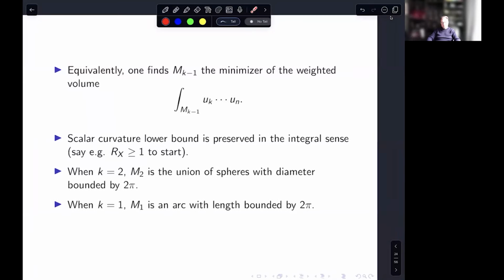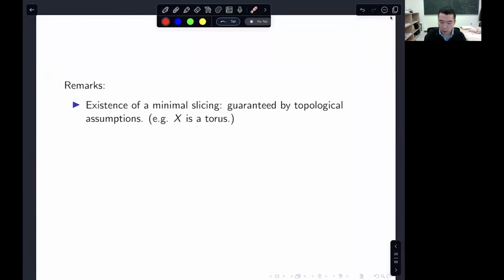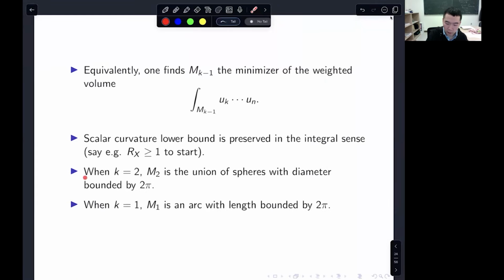Okay, so let's continue. Now, let me give you some remarks. Previously, we saw that if we are able to find such a minimal slicing, or equivalently, if we can find a conformal descent, then we're able to say a lot of things about the final object when we go down all the way to dimension 2.